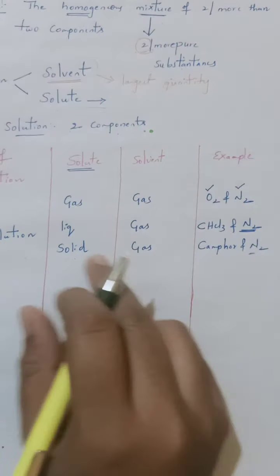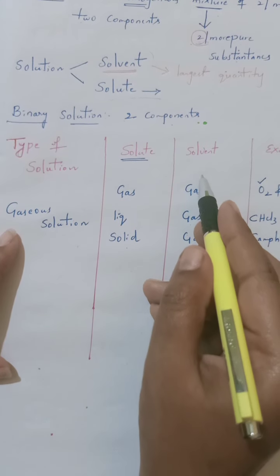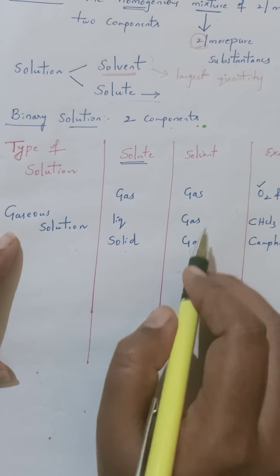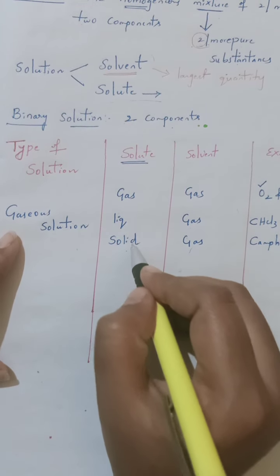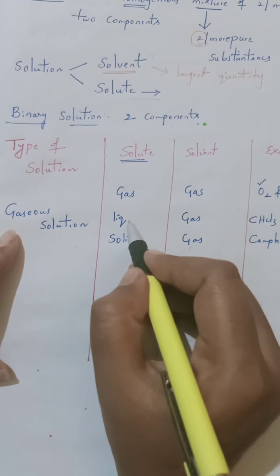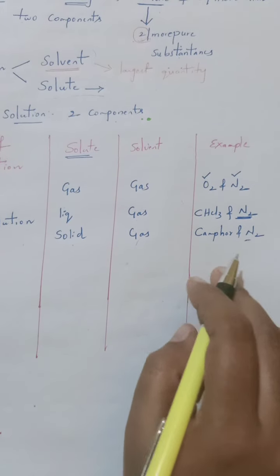So these 3 are examples of gaseous solutions. In these 3 solutions, the physical state of the solvent is retained as gaseous, only the solute condition changes. Sometimes it may be gaseous, liquid or solid. Examples are these 3.